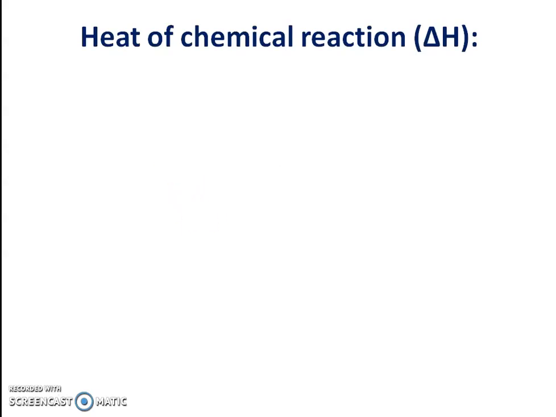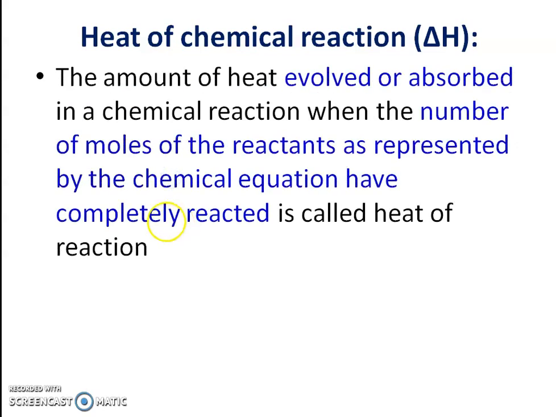In thermochemistry, again you must know some terms, and the first important term is heat of chemical reaction or enthalpy of chemical reaction, that is delta H. Now what is the meaning of heat of chemical reaction? The amount of heat evolved or absorbed in a chemical reaction when the number of moles of reactants as represented by the chemical equation have completely reacted is called heat of reaction.